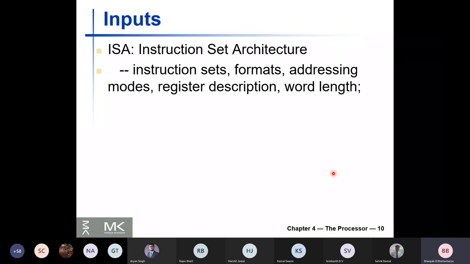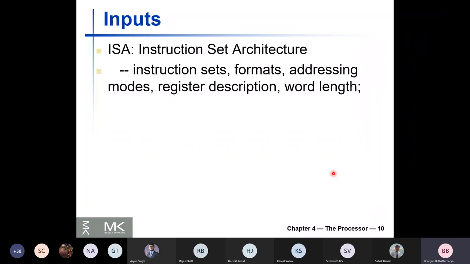So what are my inputs? The inputs are the instruction set. And when I say instruction set, it means the list of instructions, what are their formats, what kind of addressing modes are embedded in it. That means not only the instruction set, but also the semantics associated with it.